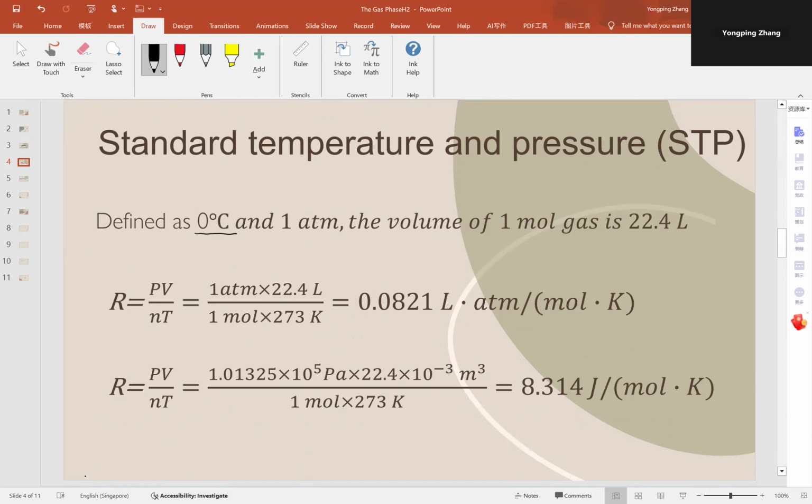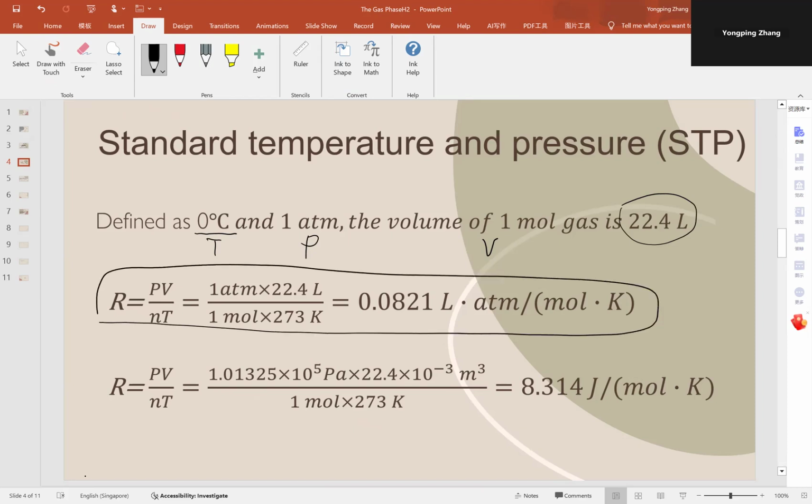Temperature is 0 degrees Celsius, with this pressure and this volume. From here we get R with different numbers and different units.